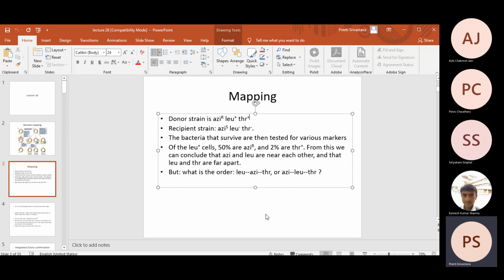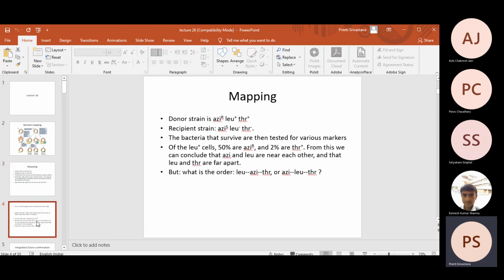But in case of co-transduction, it is not that one is entering first or the other one is entering first. The fragment would enter and you are going to score for it. So this only tells you that the two markers are in close proximity. From this experiment, what you know is that leucine and azithromycin are in close proximity, but you cannot say whether it's Leu-Azi-Threo or Azi-Leu-Threo.